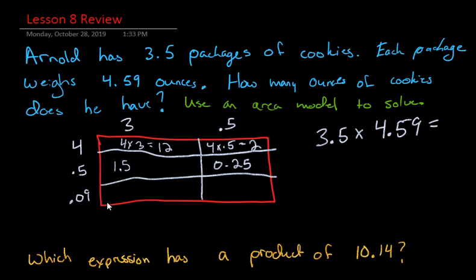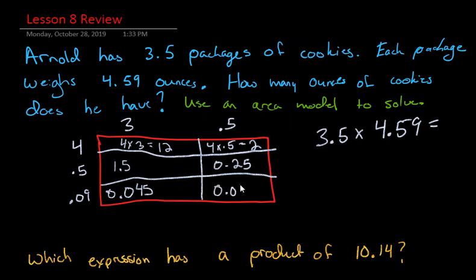5/10 times 9/100ths. Well, 5 times 9 is 45. And then I have 1, 2, 3 places to the right of the decimal. So that's going to make it 45 thousandths. And then right here, I'm going to have 9/100ths times 5/10. Let's figure this out. 5 times 9 is, oh, I did this wrong, guys.